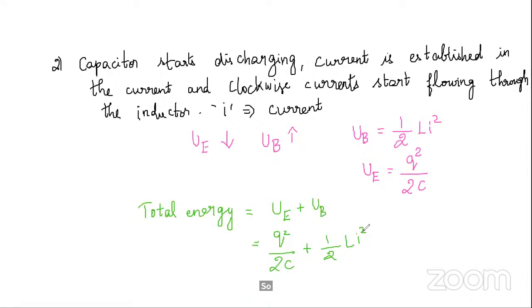Now we are moving on to our next scenario. After some time, the charge in the capacitor is exhausted. So what will happen? The total electrical energy will be 0.